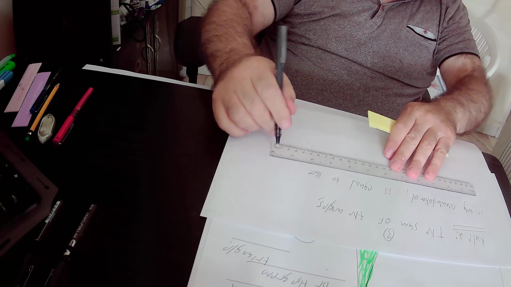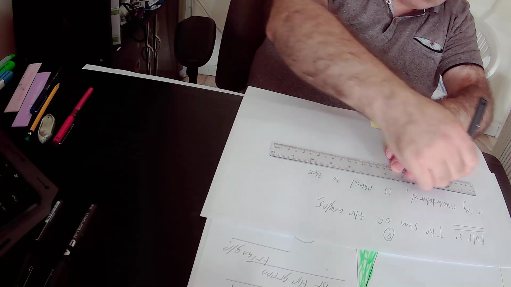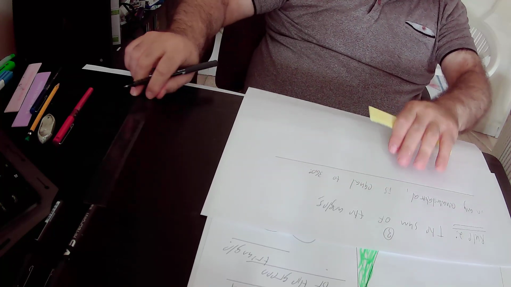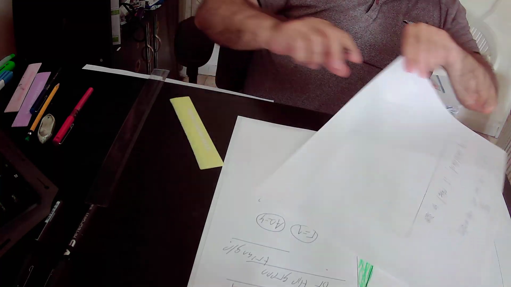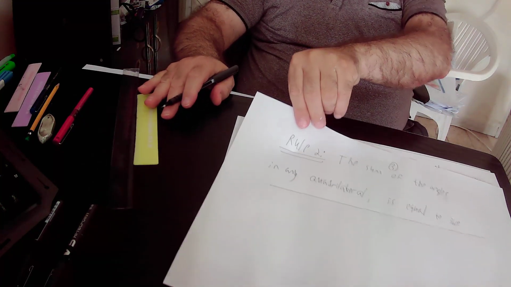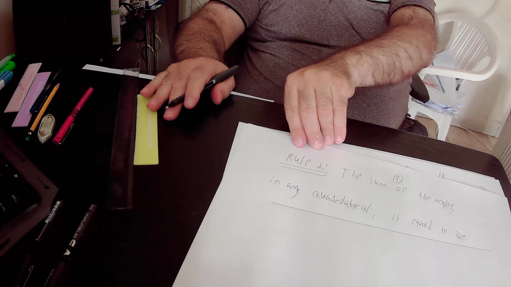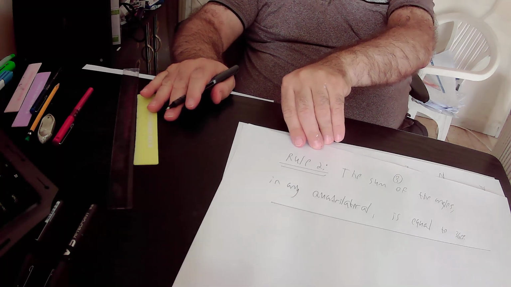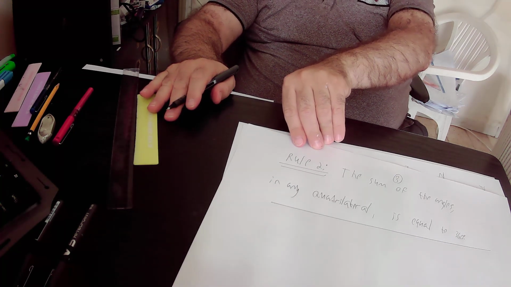According to rule number 2, the sum of the angles in any quadrilateral is equal to 360 degrees.